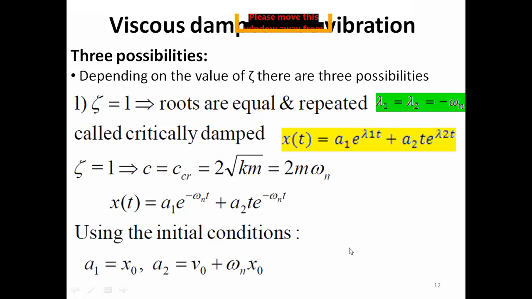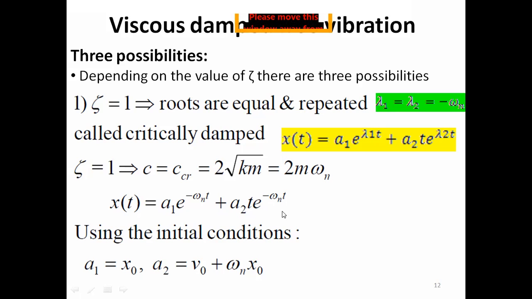If x of 0 is equal to x naught and x dot of 0 is equal to v naught, if we use those initial conditions in this equation, then we would get the arbitrary constants, that is a1 and a2. So if you use the first initial condition, if we put t is equal to 0 here, what would happen?